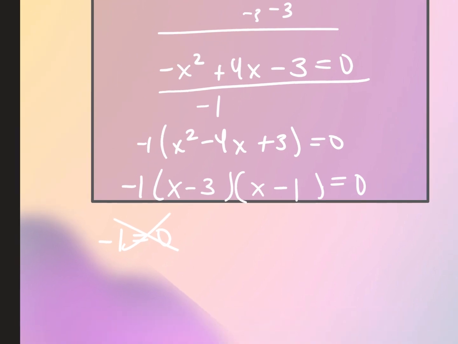So x equals negative 1 or something like that. That is not a solution. If you take out the GCF and it's just a number, it will not be included in your solution set. So now I have x minus 3 equals 0 and x minus 1 equals 0. So what are my two x values? 3 and 1. Perfect. Very good.